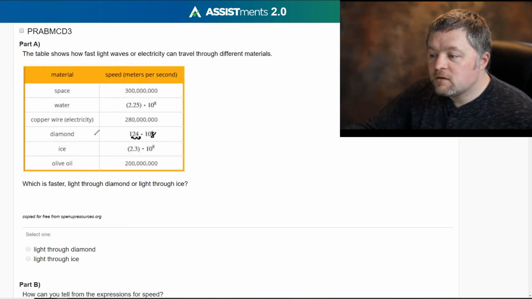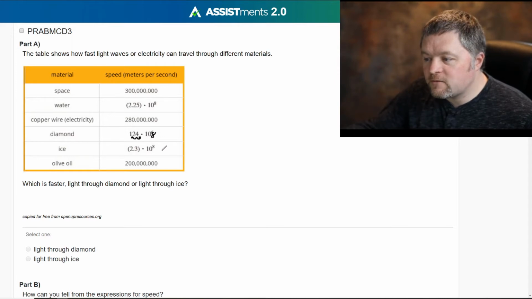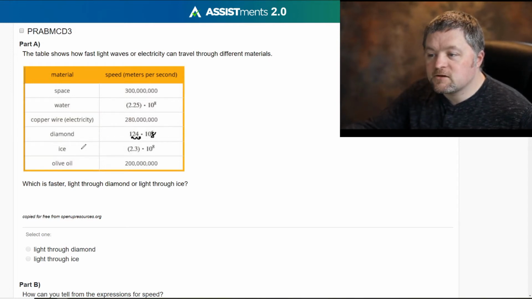Now, through diamond, the speed is 1.24 times 10 to the power of 8, and through ice, the speed is 2.3 times 10 to the power of 8. Which one of those is faster? Which one of those is bigger? 2.3 is definitely faster. Ice is definitely faster.